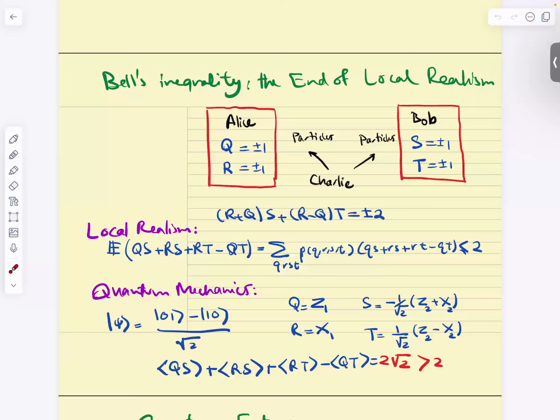Those are the choices of measurements, and I will try to have this as a homework problem for you to calculate that this is true. That in this state, what you obtain is 2 square root 2, which is larger than 2, so you can go do your measurement and experiment. And if you find anything larger than 2, that should be the end of local realism. And we said that it did happen, it keeps happening every day.